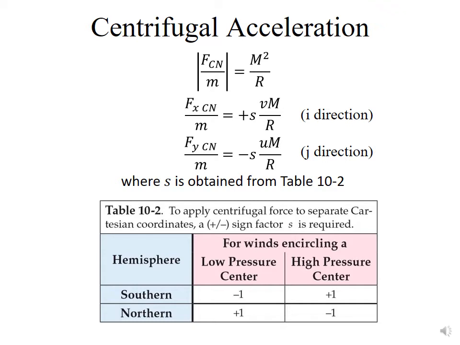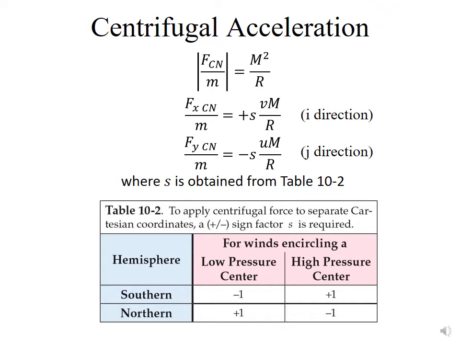And that S factor is either going to be a plus or minus 1, depending upon whether or not the winds are circling a low or high pressure and whether or not that pressure center happened to be located in the northern or the southern hemisphere.